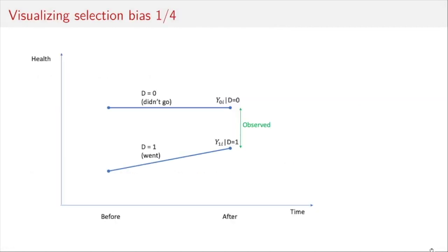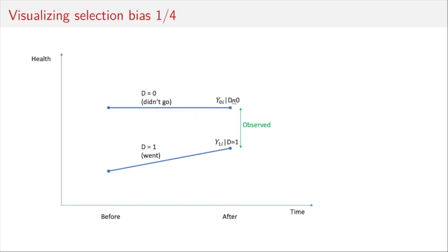Let us look at this graphically. On this axis we have time on the x and health on the y. The only thing we observe is this period. We don't know exactly what happened before. But let us imagine the people who did not go to the hospital had high health before. They have the same health now.